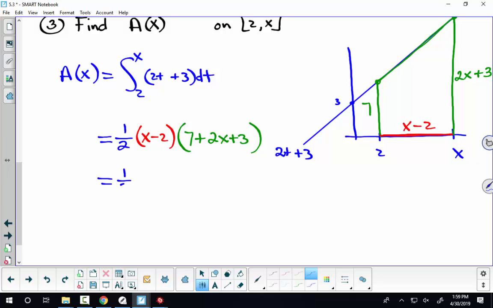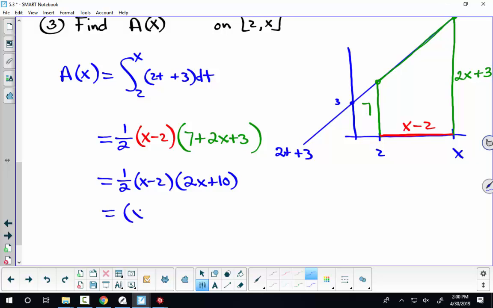So we've got 1/2 times x minus 2, and the other quantity now is 2x plus 7 plus 3, so we have 2x plus 10. If I distribute the 1/2 into the 2x plus 10, they're both divisible by 2.